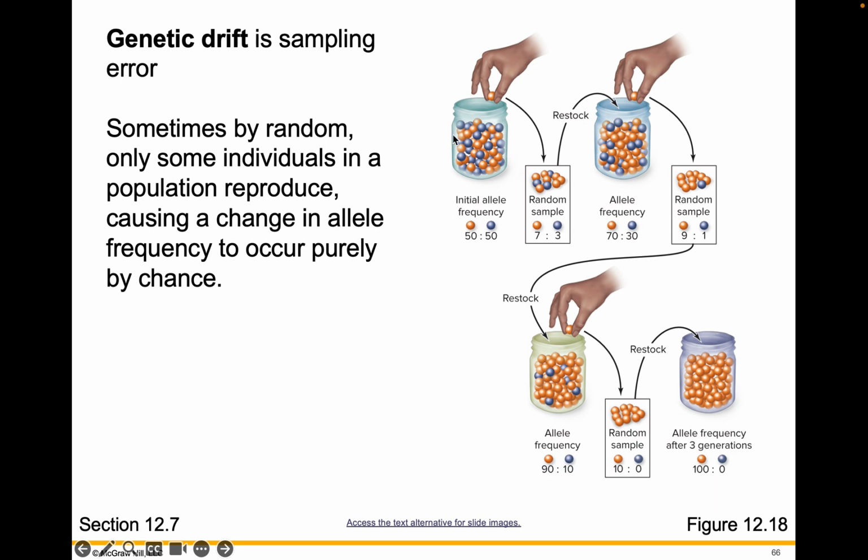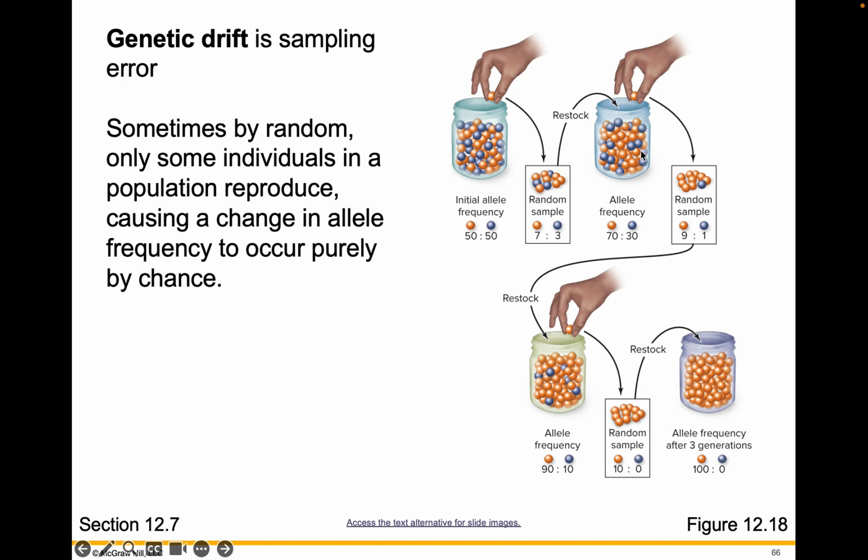If this jar of marbles is representative of all the alleles in a gene pool, or all the gametes, a random sample, so if you were to pull out 10 just by chance, even though there's an equal number of red and blue alleles or marbles in this jar, you might pull out 7 red ones and 3 blues.